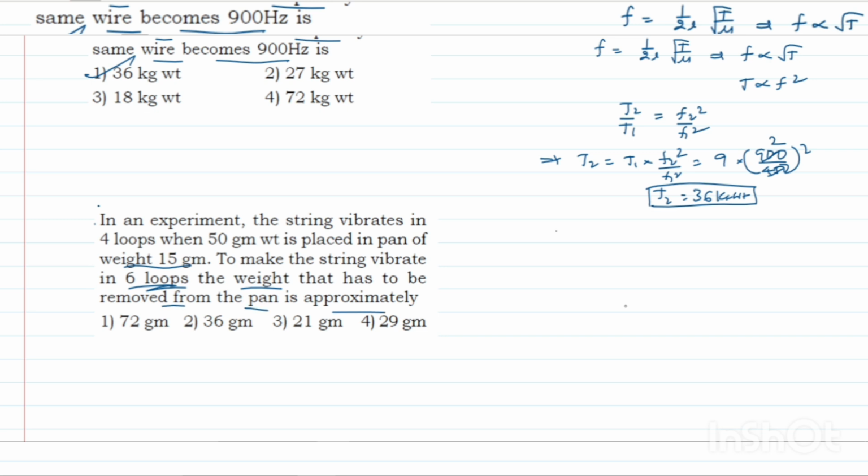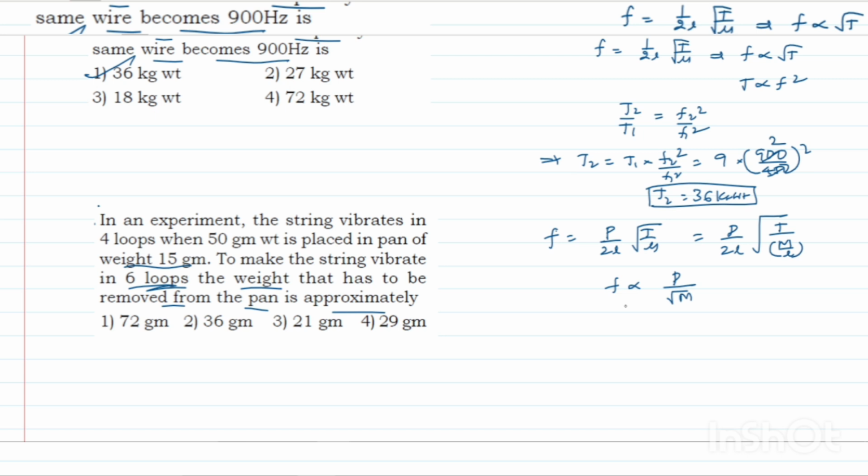So the frequency formula for p segments, students, is p by 2L into root over T by mu, where mu is mass per unit length. When relating p and m, f is directly proportional to p by root m.